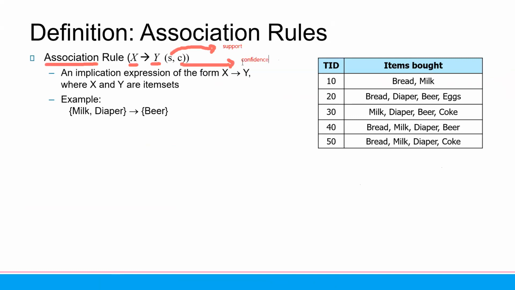It is an implication expression of the form X association with Y, where X and Y are item sets. This is one item set and this is another item set. For example, milk, diaper association with beer means that if someone bought milk and diaper, what is the probability that the person will buy beer?